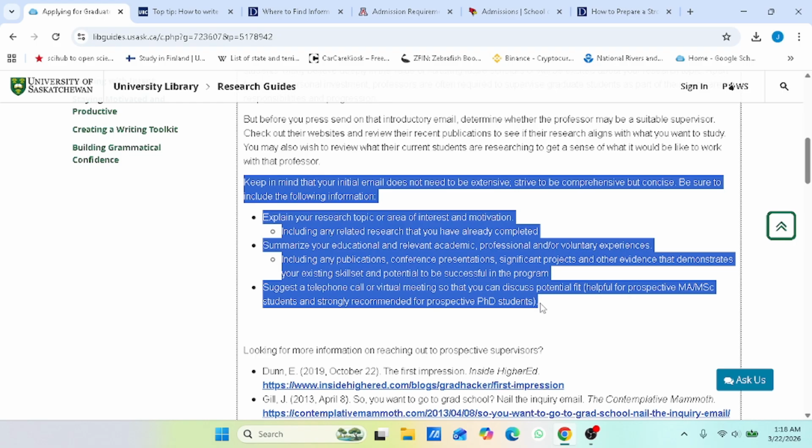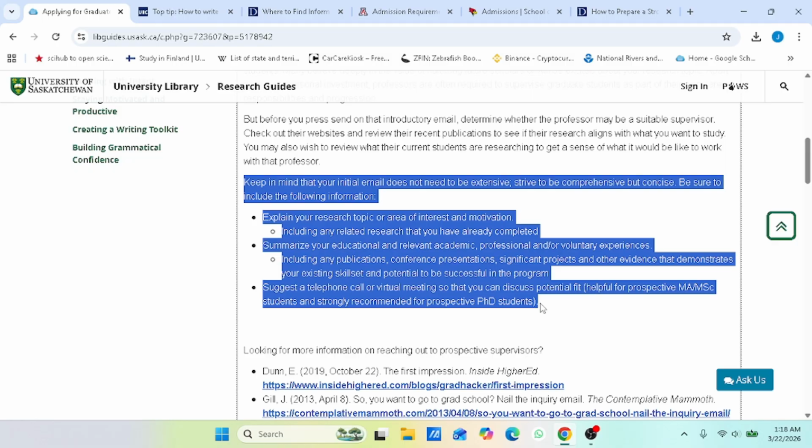As you can see, it's written, keep in mind that your initial email does not need to be extensive. That is the initial email that you write to a professor that you are proposing to be your prospective thesis supervisor or mentor.